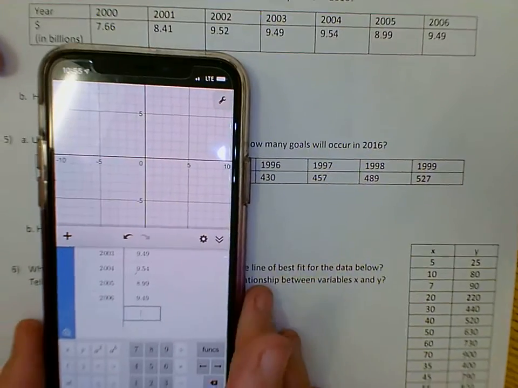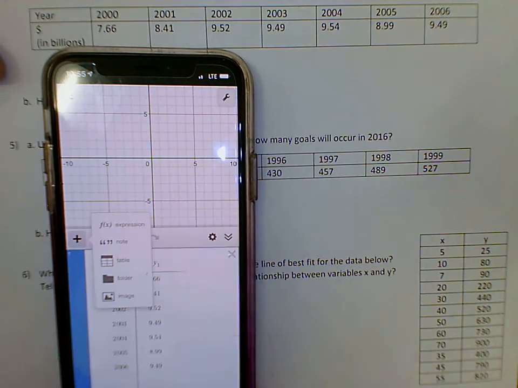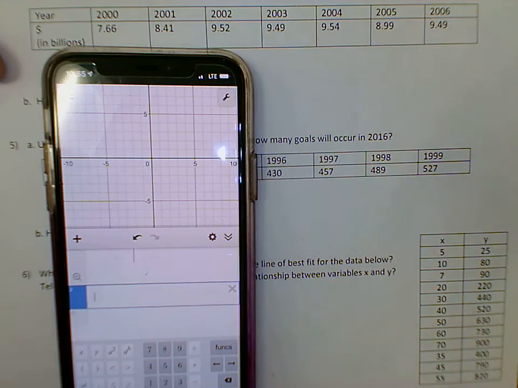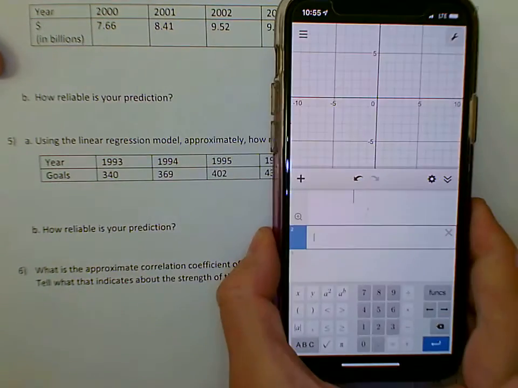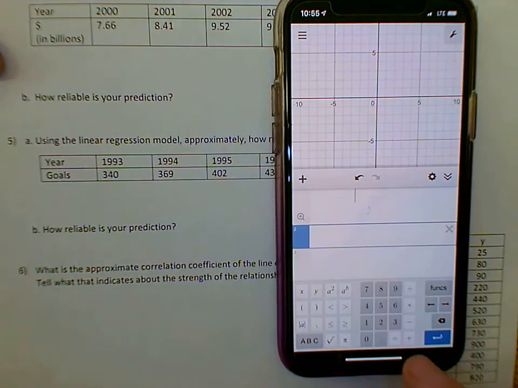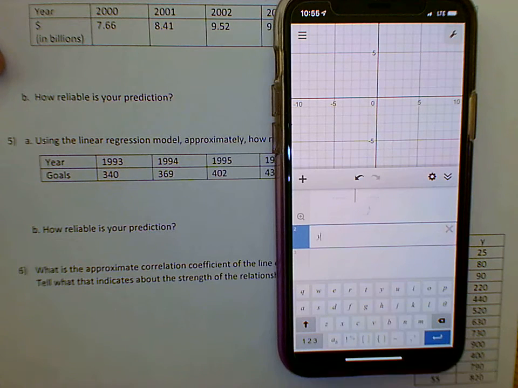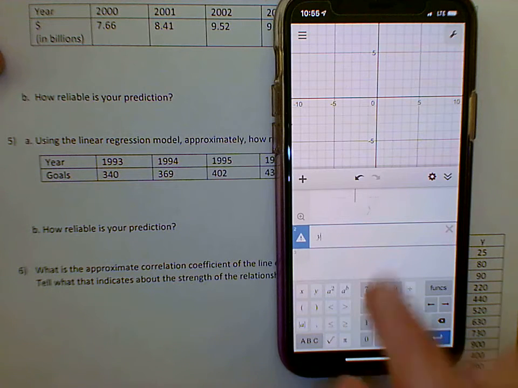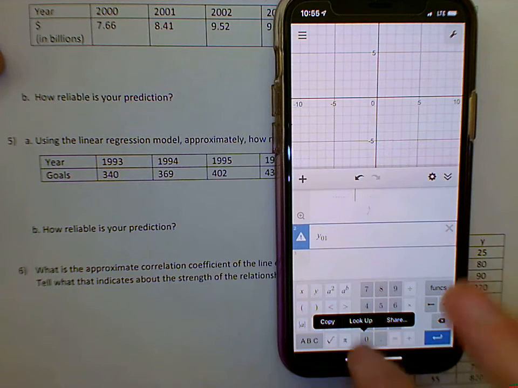But then once you get your data entered, you remember hit add, and you're going to add an expression this time, and you're looking for the line that best fits it. So you type in your Y, so I'm going to have to pull up my keyboard. And then remember you type in your 1, because it has to match the table.